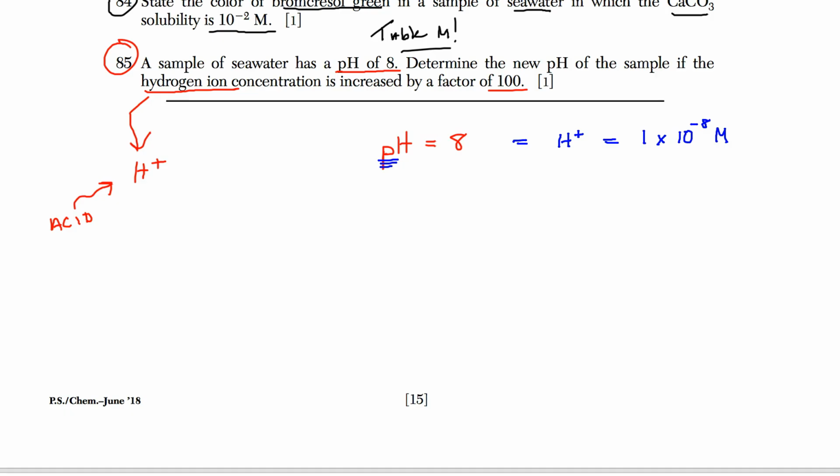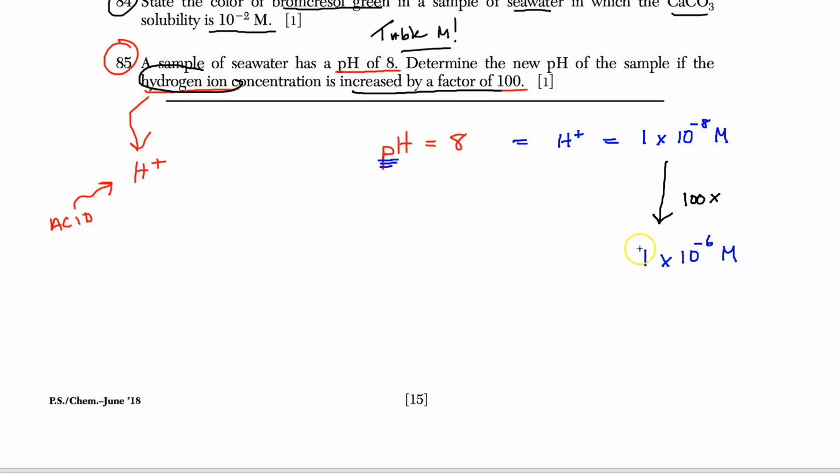So if I increase the acidity because I'm adding hydrogen ions 100 times, if this increases 100 times, isn't my new number going to be 1 times 10 to the negative 6? Oh, yes, that's bigger by 100 times.